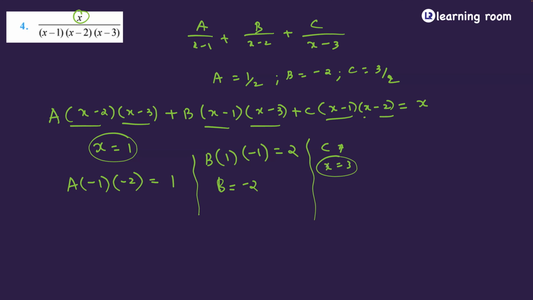Okay, this is how you solve all the problems. The only challenge in this is identifying which pattern the fraction is supposed to be broken in. How are you supposed to break it? If suppose the denominator is x plus 1 and so on, it can be anything.